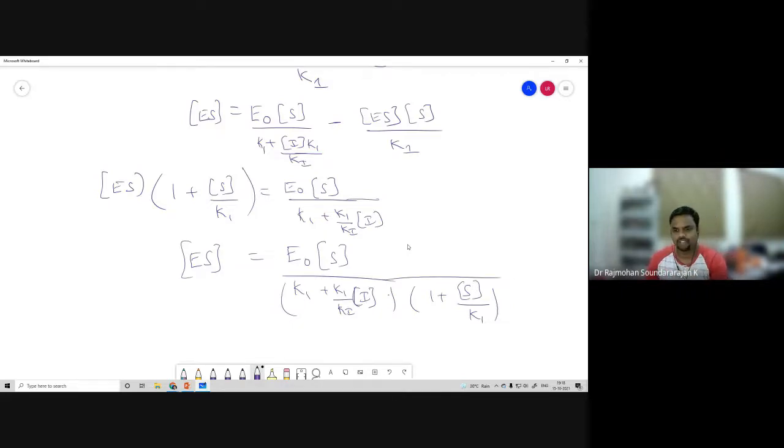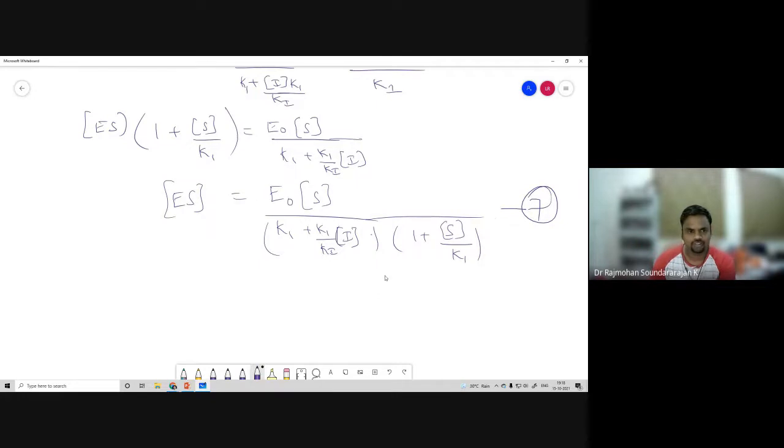Okay. So let this be equation number 7. Now we substitute this 7 in 1. K2 into ES is your rate equation, right? So this is our first equation.